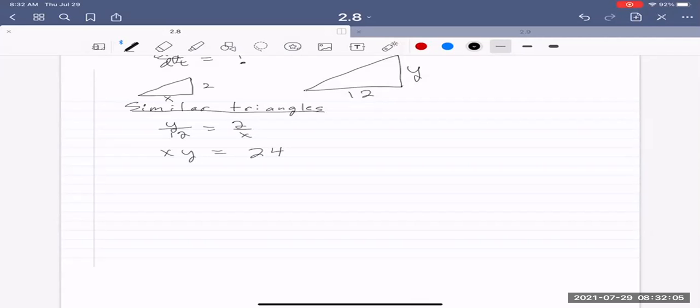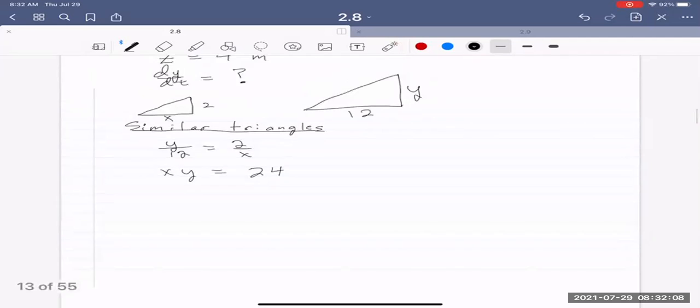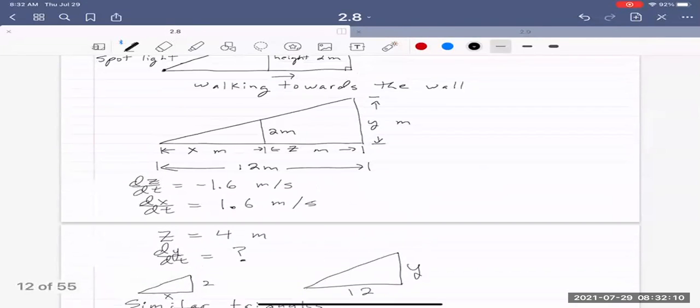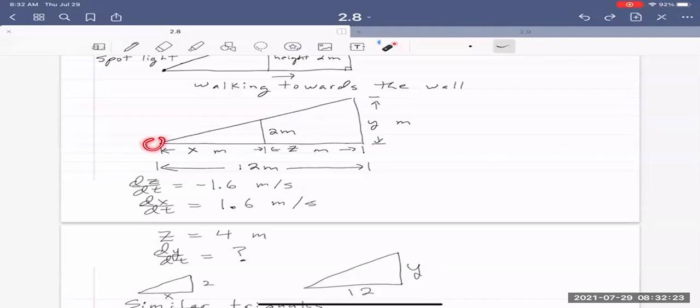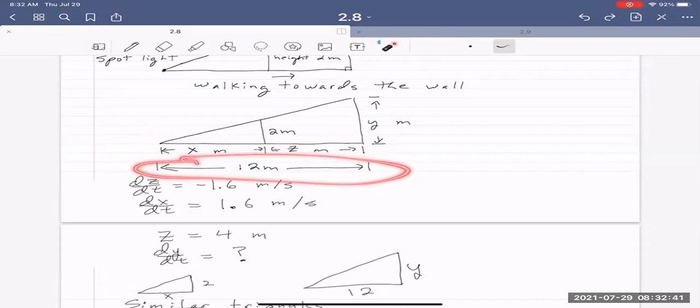Actually, what I can do is the following. I notice that this length, the distance from this spotlight to the person, and the distance from the person to the building is fixed, because the sum of those is just the distance from the spotlight to the building, which is a fixed 12 meters apart.